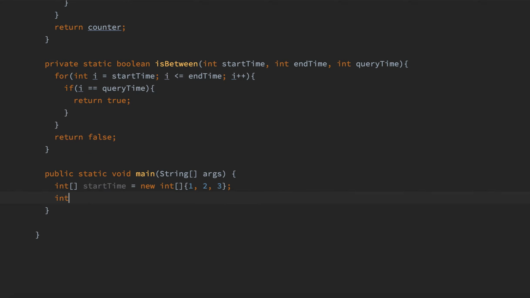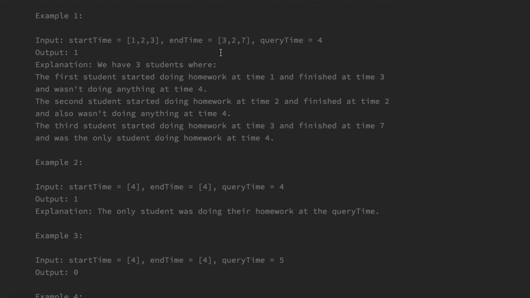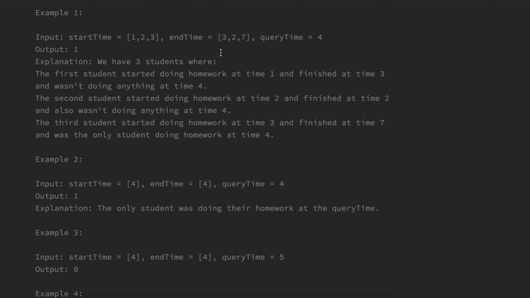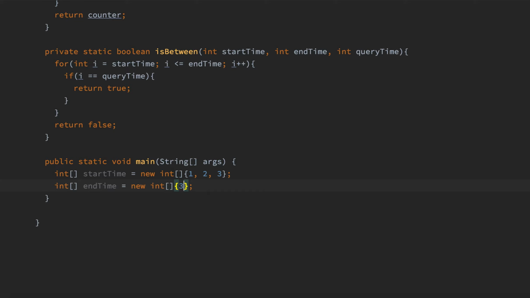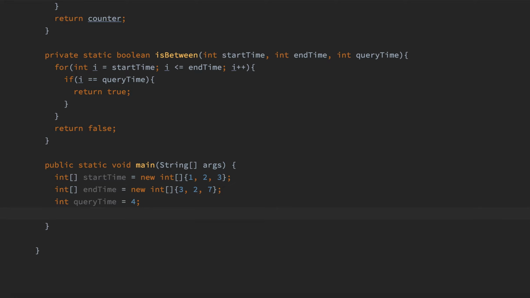Okay, and then int end time, we'll do a new int array, and we'll set this one to 3, 2, 7, which is the corresponding one. And we had a query time of 4 for that first example, so we'll do a query time equal to 4.